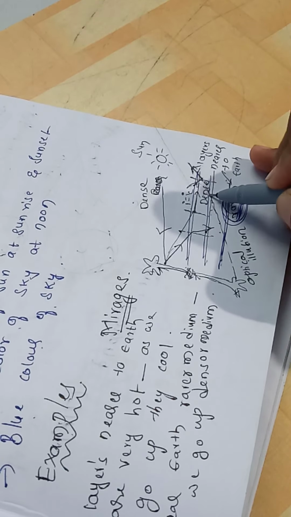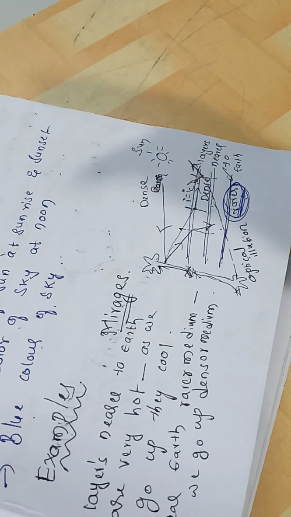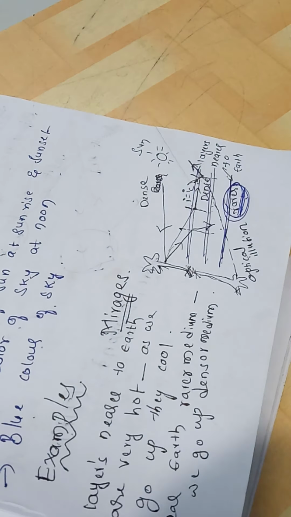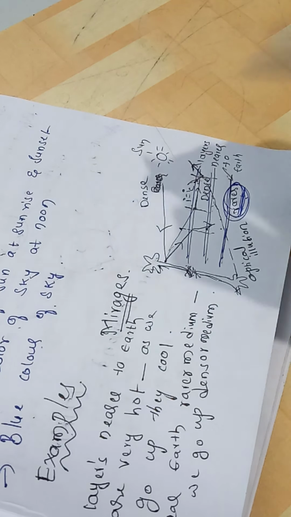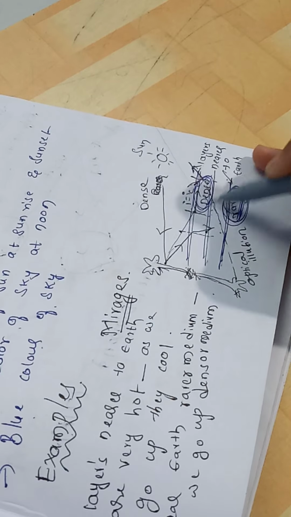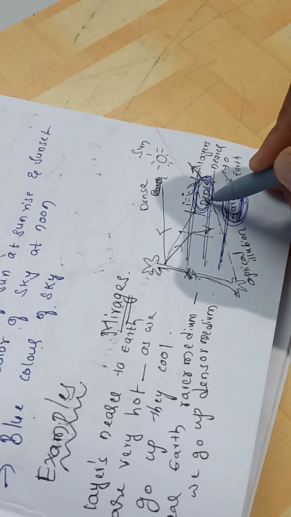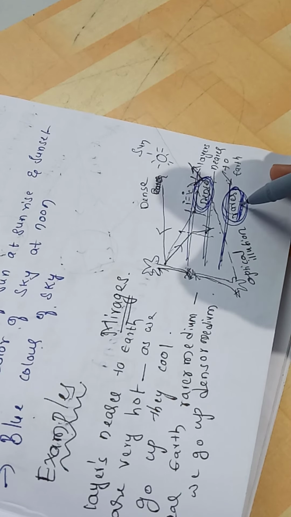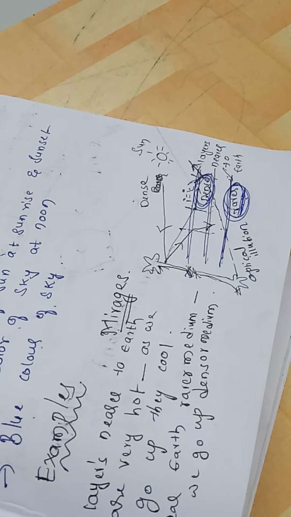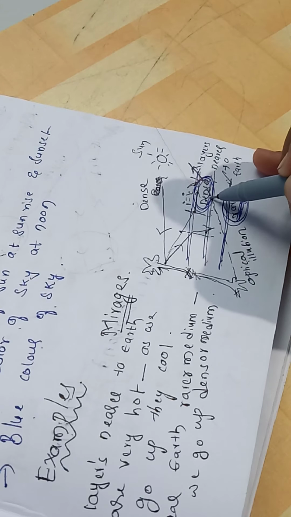Now as we are going in the upward direction, on top of the hill, I said that we will get cool air, which means at the top it will be a denser medium. Nearer to the earth, all layers are of rarer medium. As we go toward the top, we will find a denser medium.